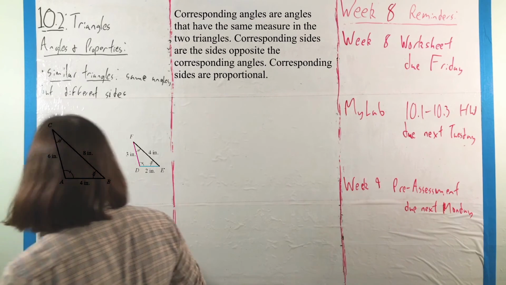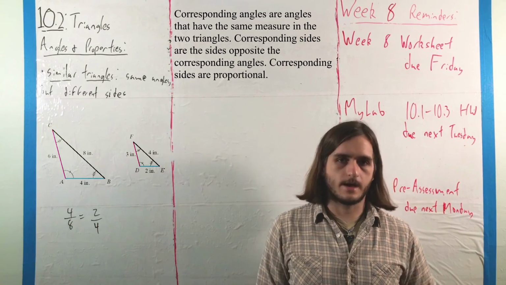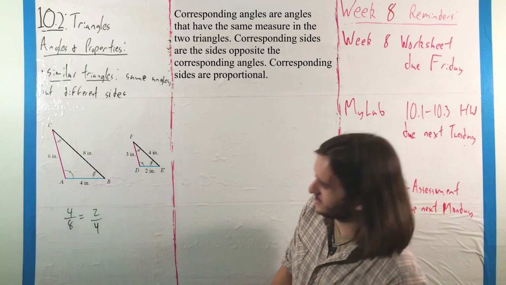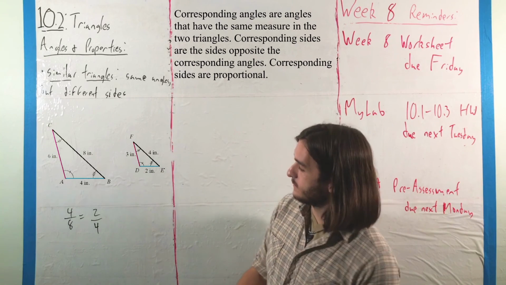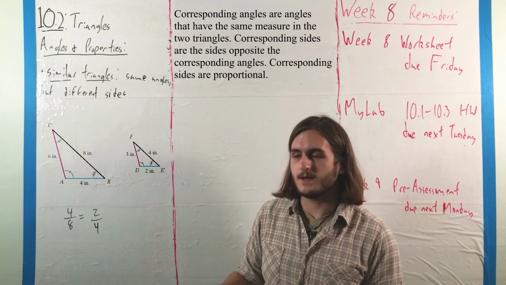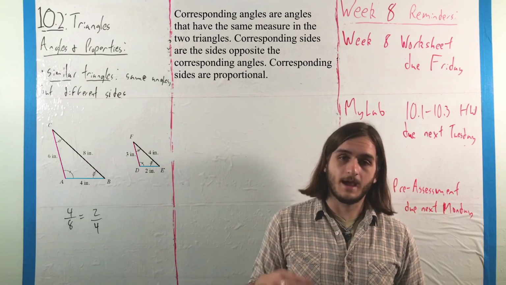That is, the sides of the smaller triangle are half that of the larger triangle. But that's our big relationship for similar triangles: that proportionality, that we have consistency between sides if we have the same angles.